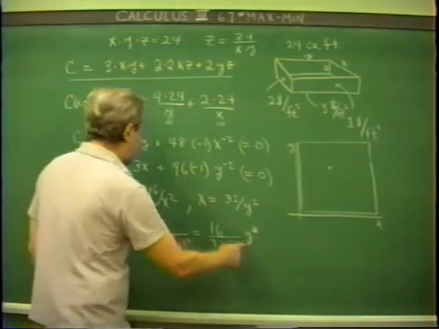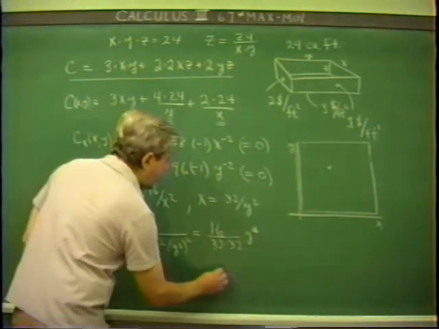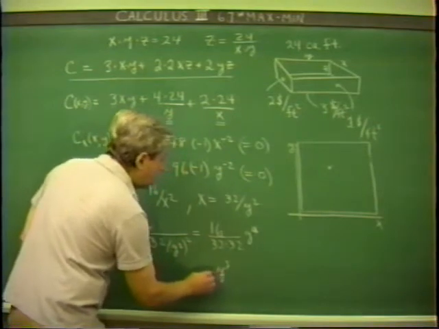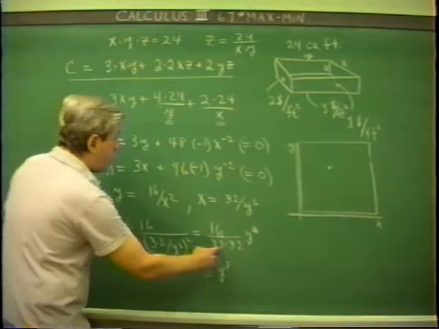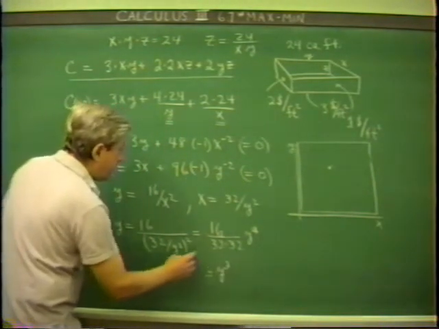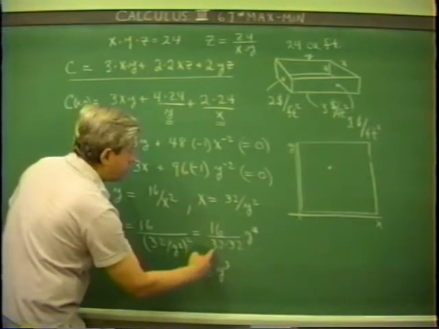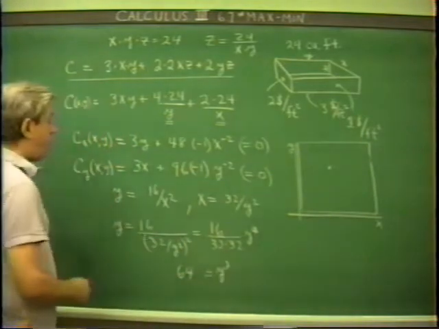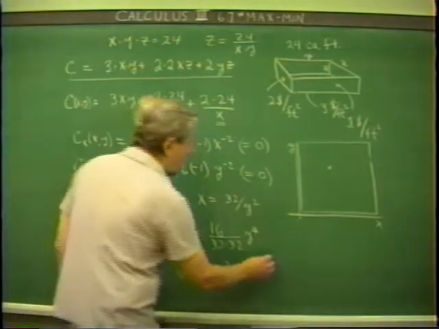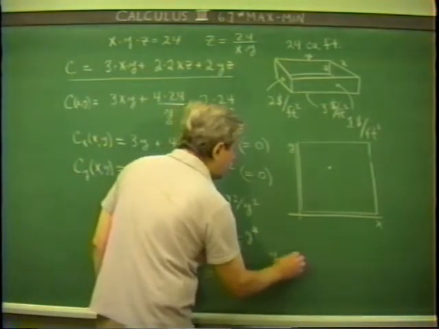Right? So y equals 0 is not a solution here, so what we get is that y cubed is equal to 32 squared over 16, or 64. We can cancel the 16 and the 32 and get 64 here.